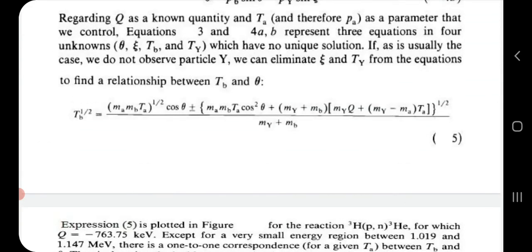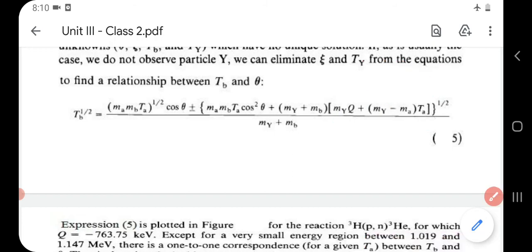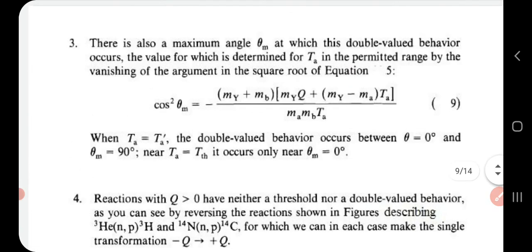If this term vanishes, you will get the maximum value of angle theta m, and the corresponding value of cos square theta m is given by equation 9. When both Ta and Ta dash are equal, double valued behavior will occur between theta equal to 0 and theta m equal to 90, and Ta will become equal to Th only when theta m is equal to 0 degrees.